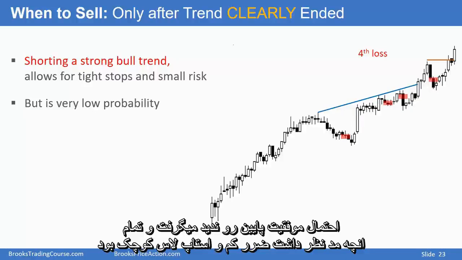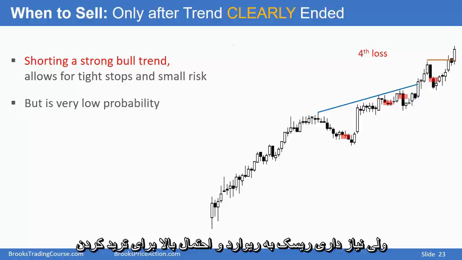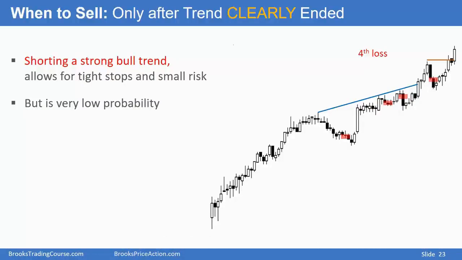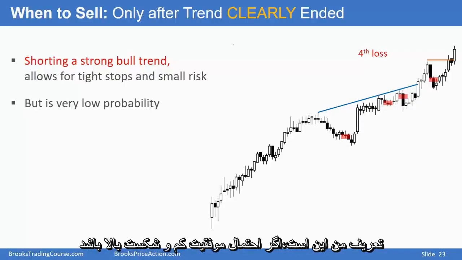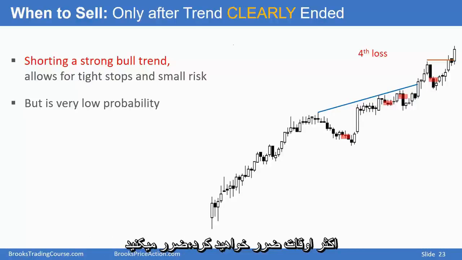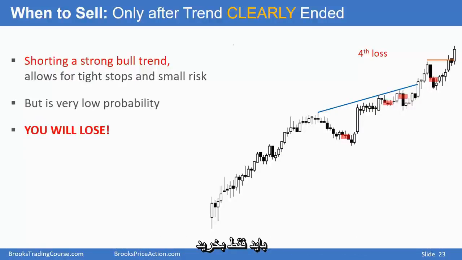All he sees is a tight stop and small risk, and therefore I'm going to take the trade. But you need risk, reward, and probability to take a trade. And anytime you're taking a very low probability trade, by definition, if it's a low probability win, it's a high probability loss, you're going to lose most of the time. You will lose. So when a trend is strong, clearly always in long, you should only be buying.